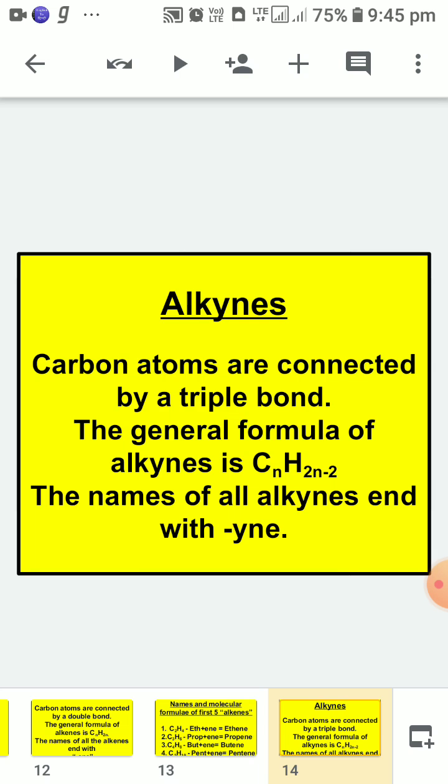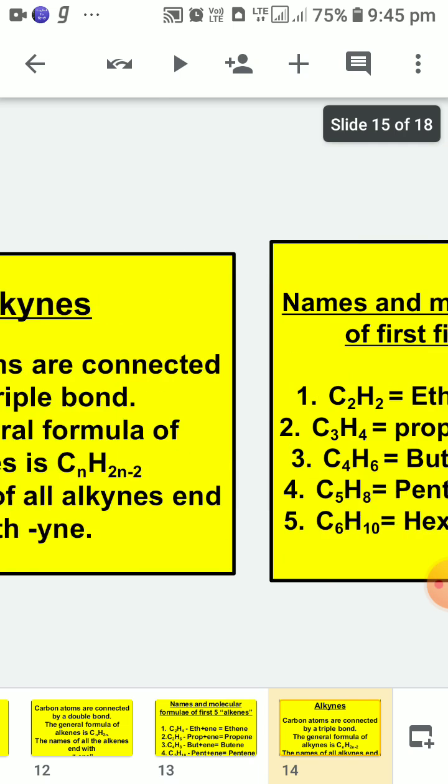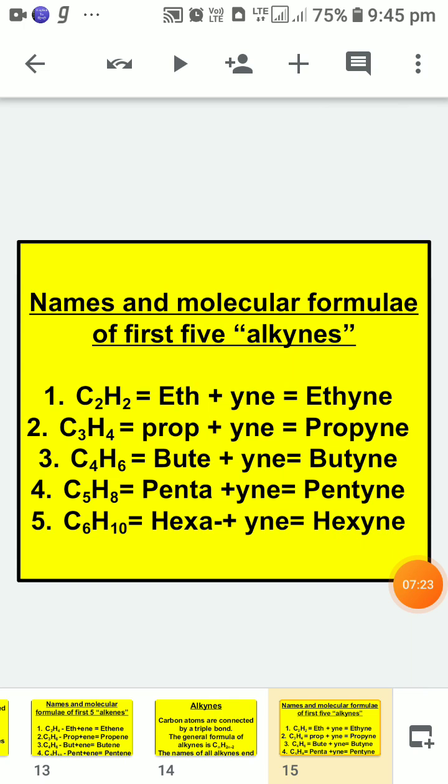And the names of all alkynes end with yne. Names and molecular formulas of the first 5 alkynes. Again, for a triple bond at least 2 carbon atoms are required, so here also we start with C2. C2H2 is the first member of the alkyne group and its name is ethyne. C3H4 propyne, C4H6 butyne, C5H8 pentyne, and C6H10 hexyne.